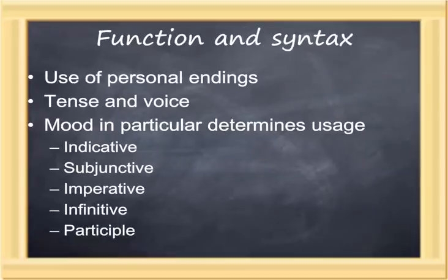In terms of syntax and function, namely how verbs work according to their form, personal endings, tense and voice are helpers, but moods in particular determine usage, with indicative giving claimed reality, subjunctive potential reality, imperative commands and exhortations, infinitives are verbal nouns, participles are verbal adjectives.